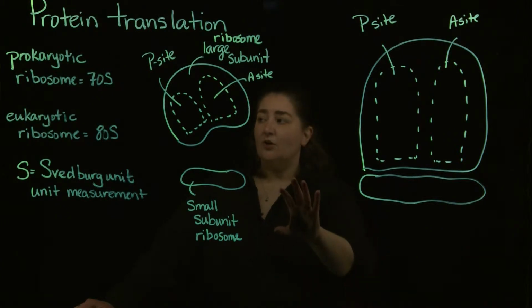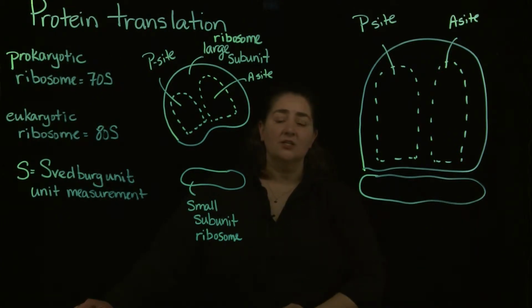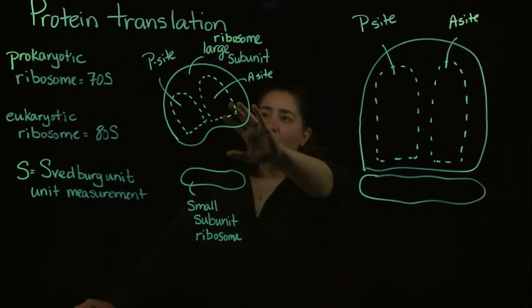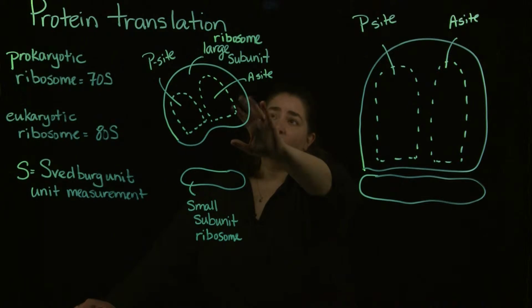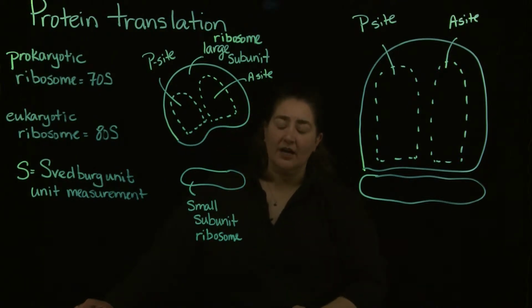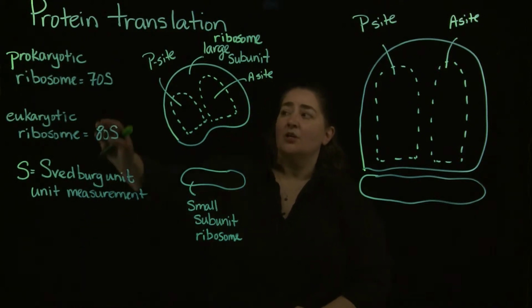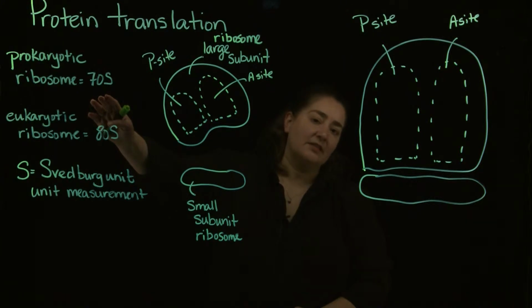Overall, with protein translation, a ribosome is always composed of a large subunit and a small subunit. I'm not so worried that you know the sizes. You will notice in your textbook that the size of the large subunit and the size of the small subunit don't mathematically add up to 70.